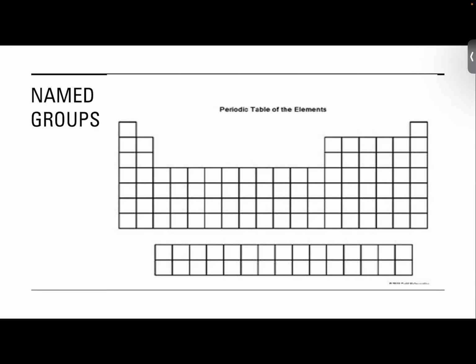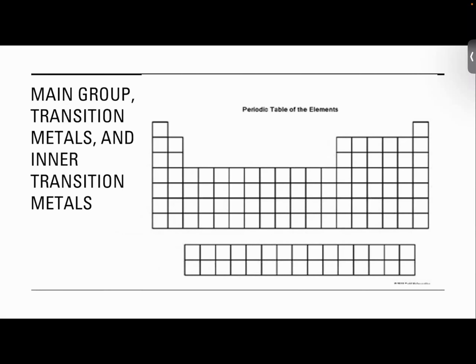And then the transition metals are Bs, and they start at 3B and go through 12B. That is an older naming system, the A's and the B's. A lot of people like to use just the numerical group numbers, but depending upon what periodic table you look at, you may find either one.